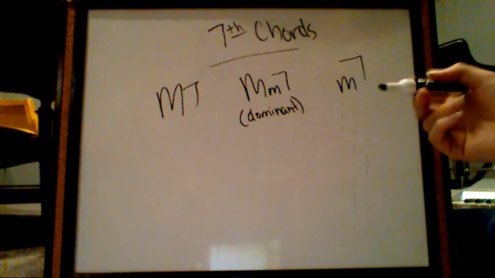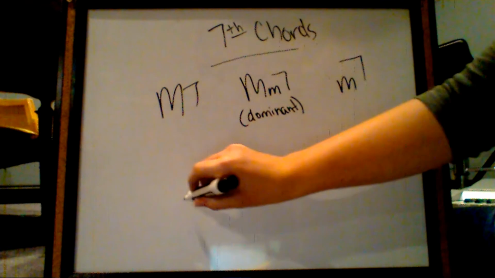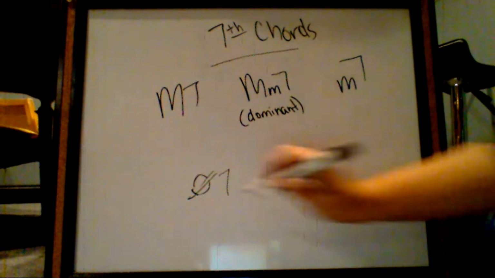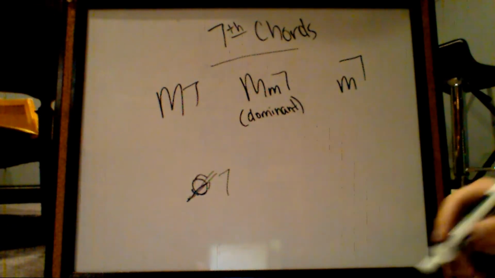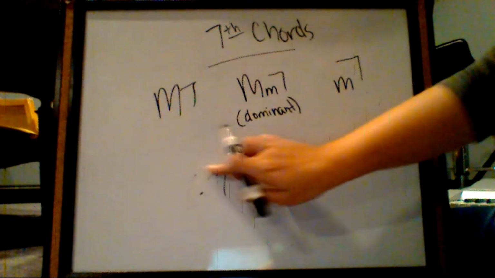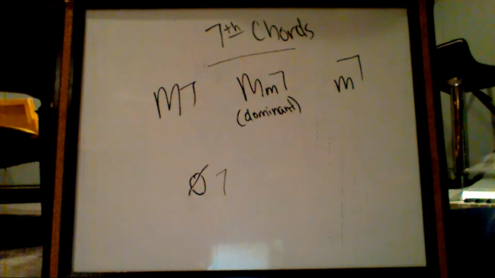And then your last 2 are related, and you have a half diminished 7th. That's a circle with a line through it. Looks like multiple lines and multiple circles, but it's just a circle with a line. That's better.